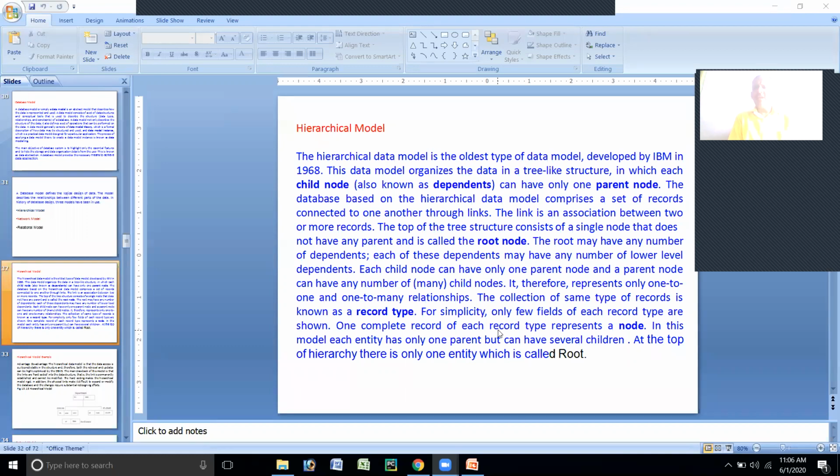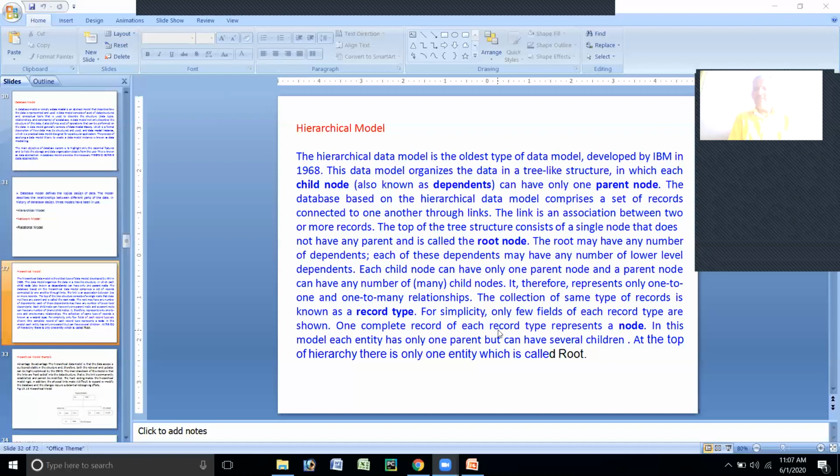Each child node can have only one parent node, and a parent node can have any number of child nodes. I hope up to here it is clear. Yes, sir. Then continuation. A parent has n number of child nodes, but a child has only one parent node.